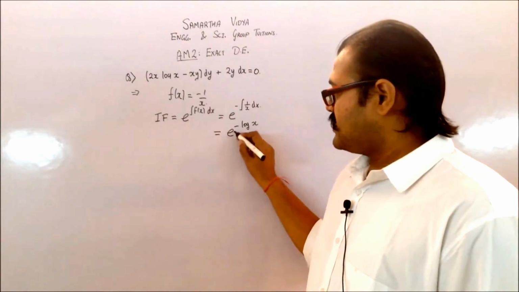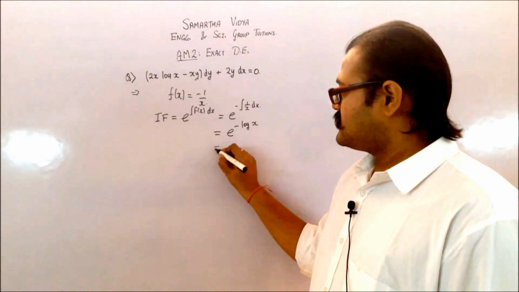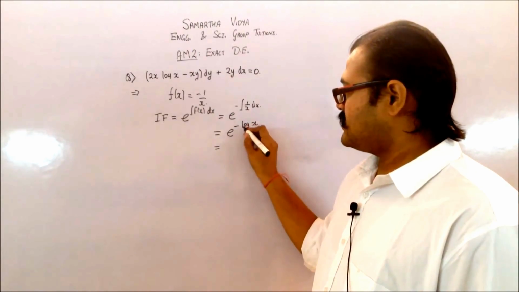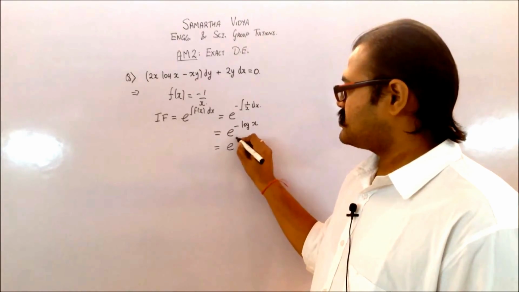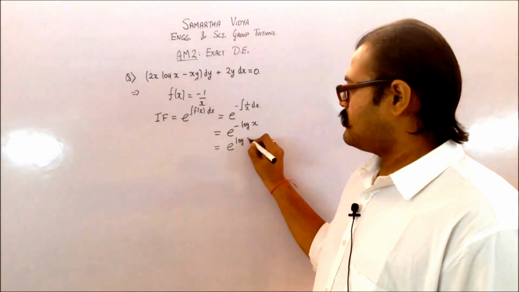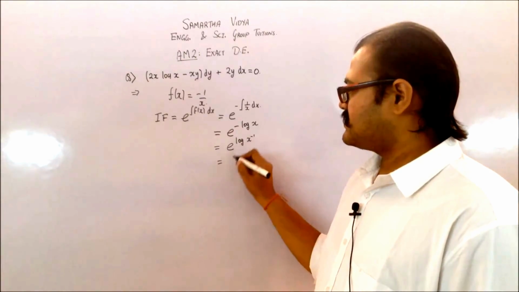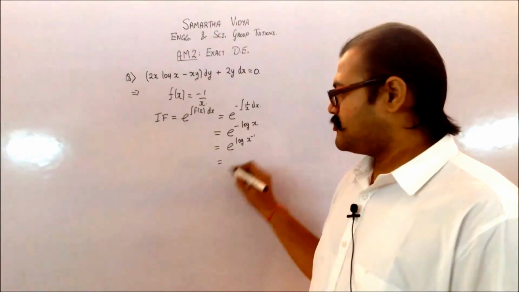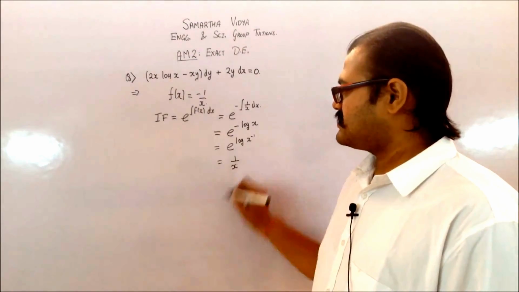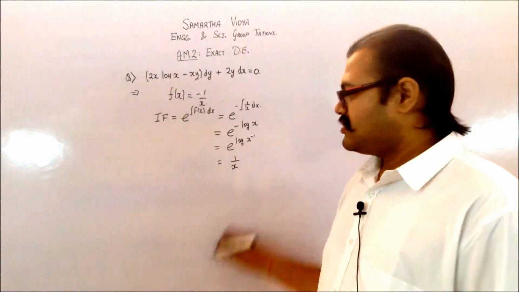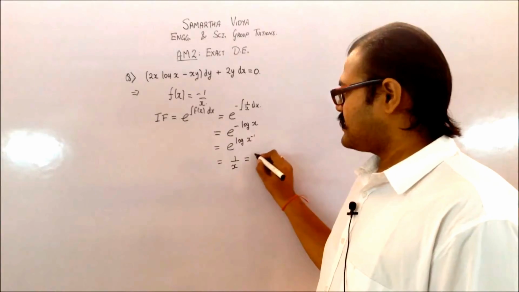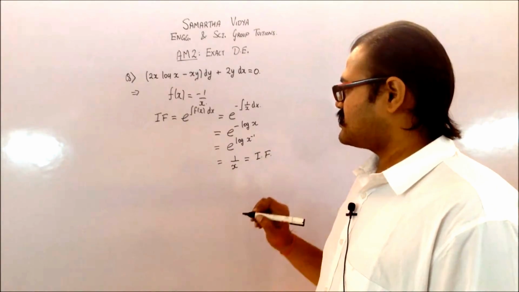Now we have to get rid of this e. So what we do is we will take the minus 1 inside, so that becomes e raised to log of x raised to minus 1. So e and log basically nullify each other. So we'll be having this integrating factor as 1 upon x. So you can see that this is nothing but our integrating factor.